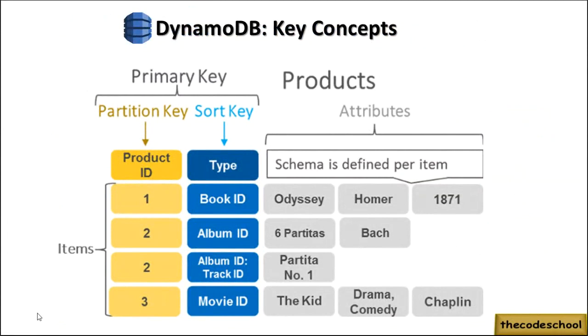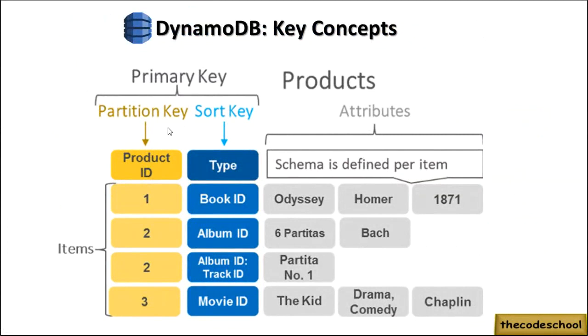Partition keys are basically used for partitioning the table into multiple partitions inside the database for ease and faster retrieval. So primary key can be a composite primary key, which is a combination of partition key and sort key, or it can be a partition key based primary key.